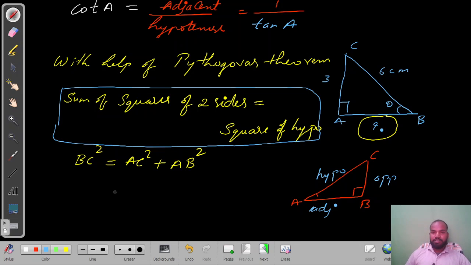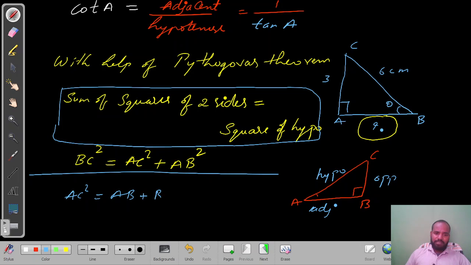Now in the triangle ABC, according to the Pythagoras theorem, AC square equals AB square plus BC square. Yes, it is right. So AB square plus BC square is equal to the hypotenuse square.